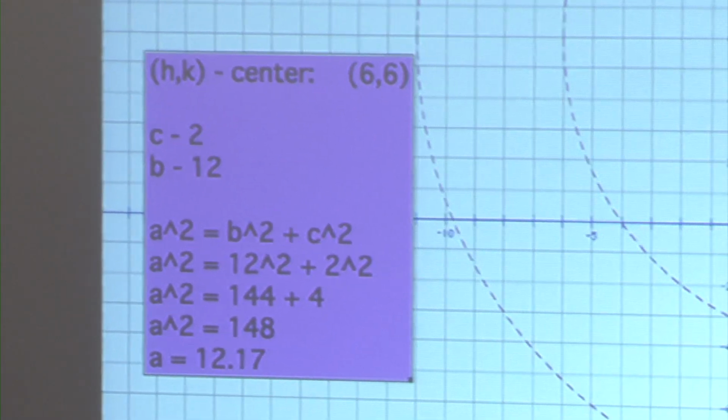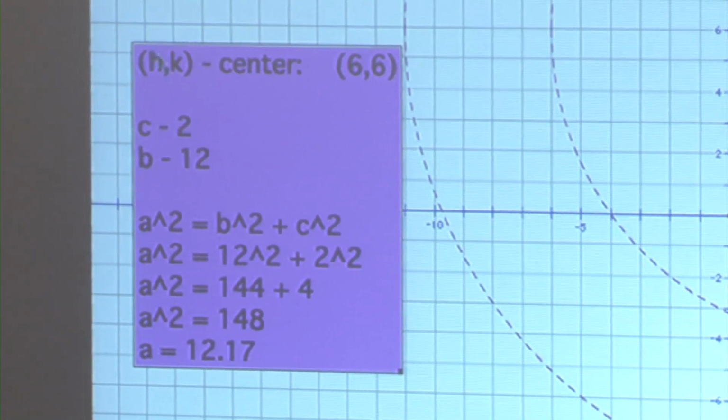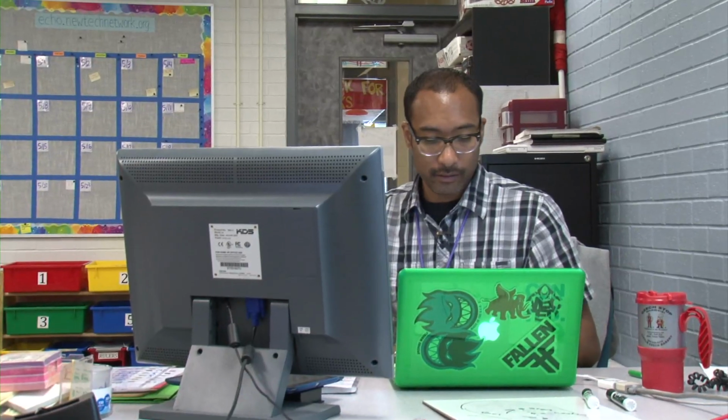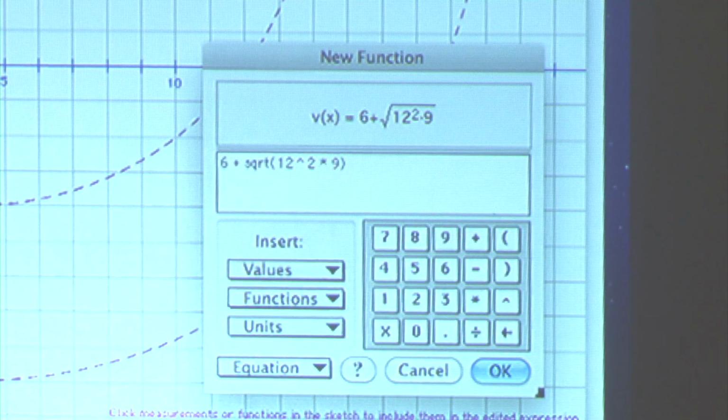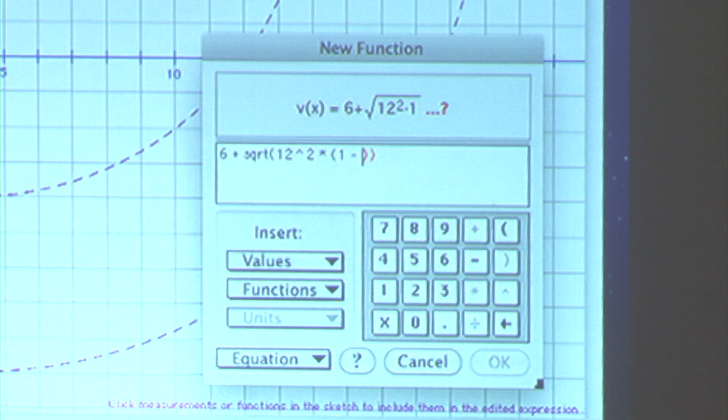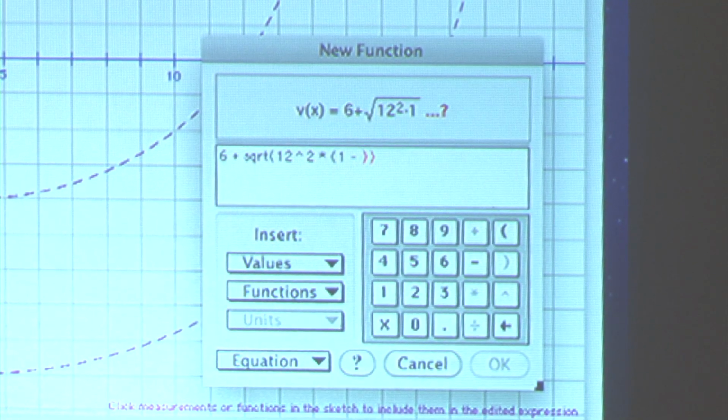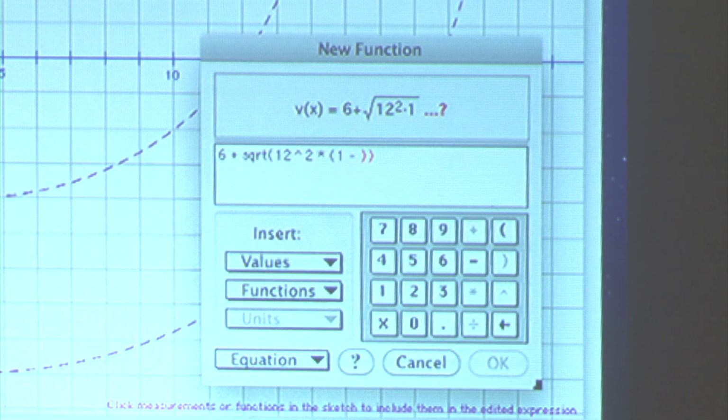According to our equation, we've got K, which is 6, plus the square root of B squared, which is 12. Where do we get 12 from? Oh, yeah, because we said it was 18.